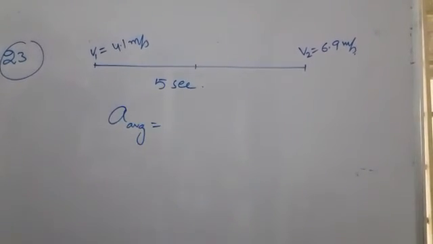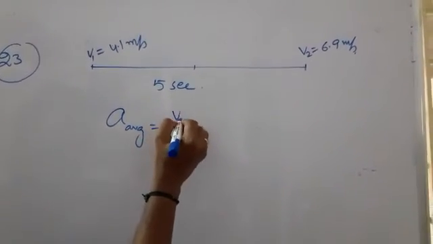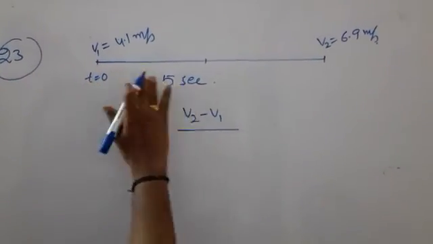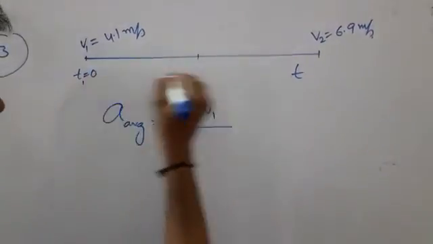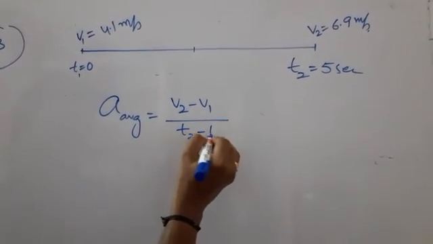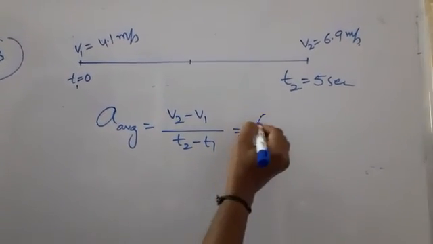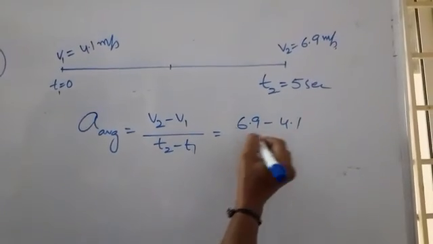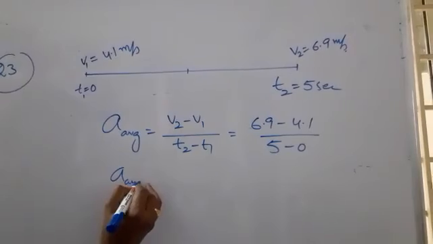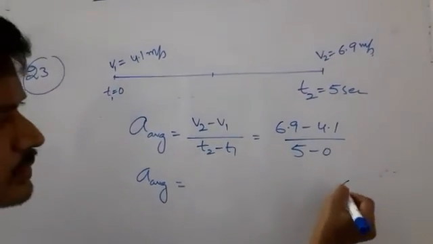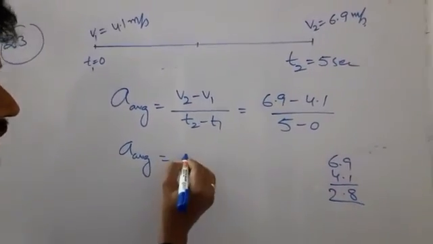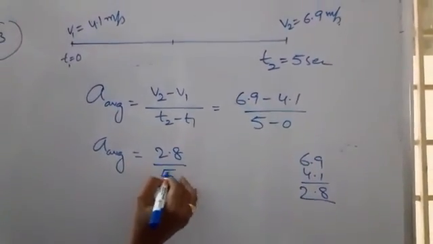Average acceleration is equal to change in velocity by change in time. Here t1 is 0 and t2 is 5 seconds. Then t2 minus t1, so 6.9 minus 4.1 divided by 5 minus 0. Acceleration is equal to 6.9 minus 4.1, that is 2.8, divided by 5.